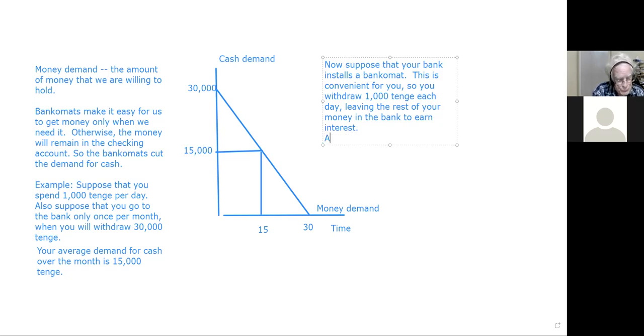Now, with the bankomat, the average demand for money is 1,000 tenge. So, in fact, maybe lower than 1,000. But we will assume that you go to the bank once per day for 1,000 tenge.